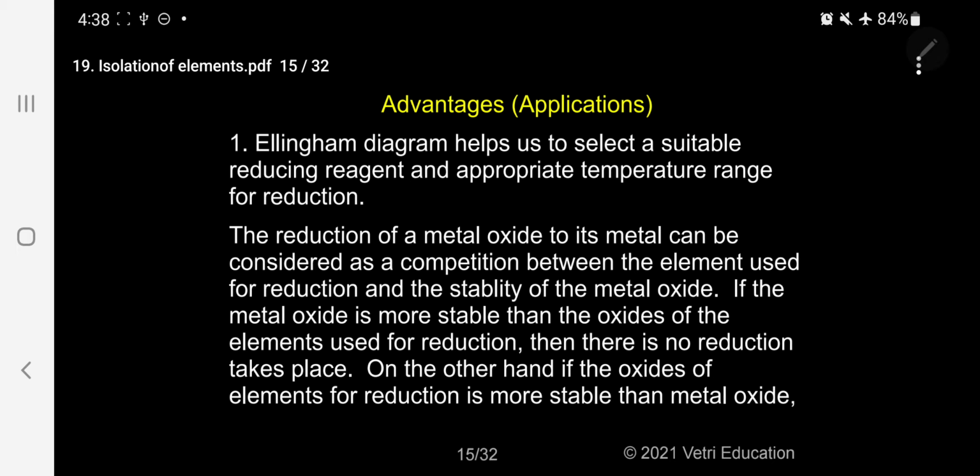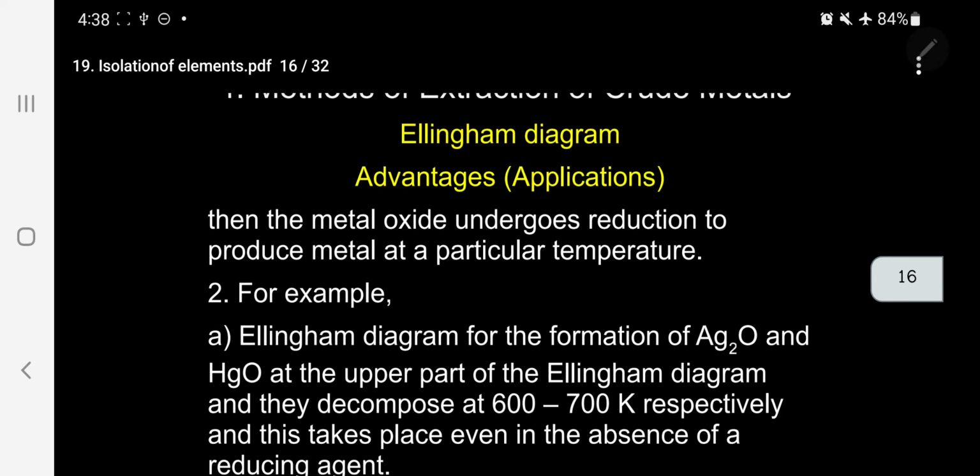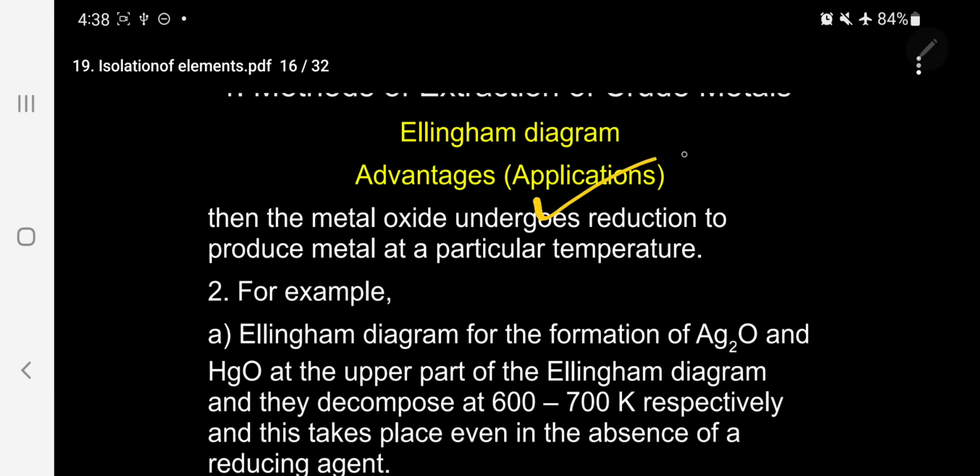On the other hand, if the oxide of the reducing element is more stable than the metal oxide, then the metal oxide undergoes reduction to produce the metal at a particular temperature. For example, silver oxide and mercuric oxide, in the upper part of the Ellingham diagram, decompose at 600 to 700 degrees centigrade respectively, and this takes place even in the absence of a reducing agent.